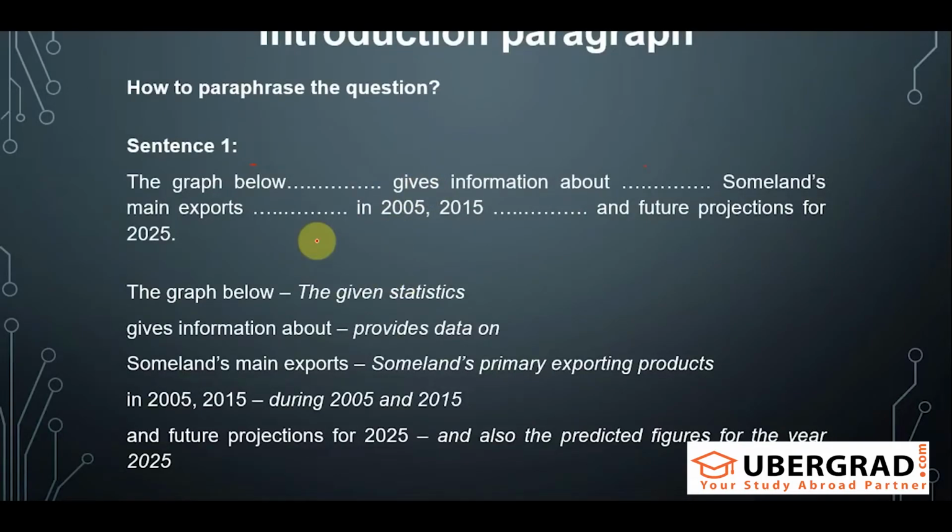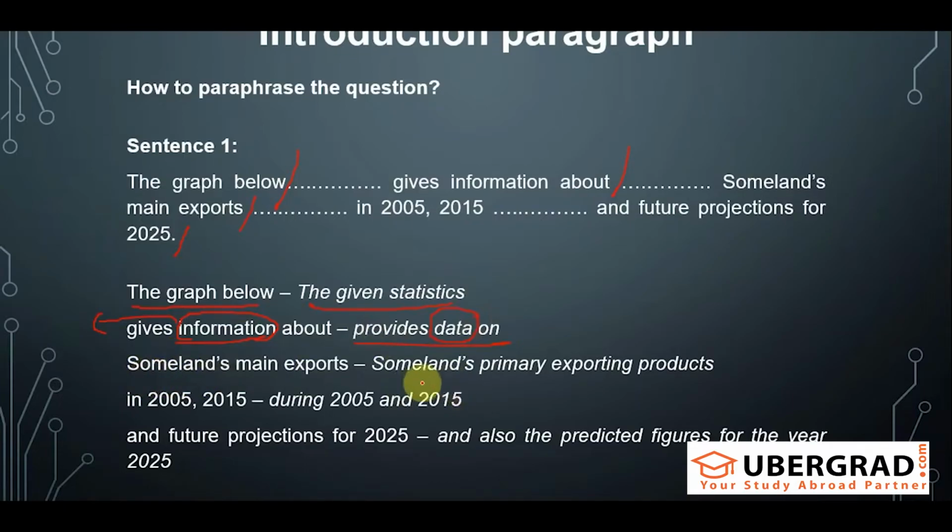The graph below gives information. So see, Ashwarya, this is what I wanted you to do. You can break this sentence into smaller parts and then you can summarize each of them. The graph below, the given statistics, gives information about, provides data. Guys, write these words in your notebook. These words will help you. Instead of information, you can use the word data. Okay. So shows data on or provides data for, you can add anything.